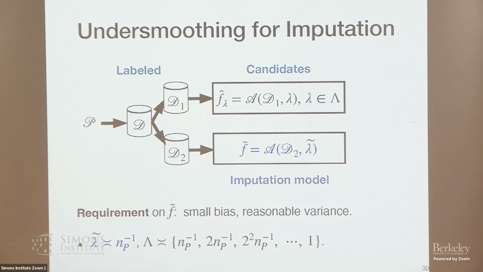That's a reasonably small lambda. For the candidate models, you want to look at the whole spectrum of smoothness, from very under-smooth models to over-smooth models. So you choose a geometrically increasing sequence from a very small penalty to a constant penalty. But the imputation model is based on an under-smooth model.